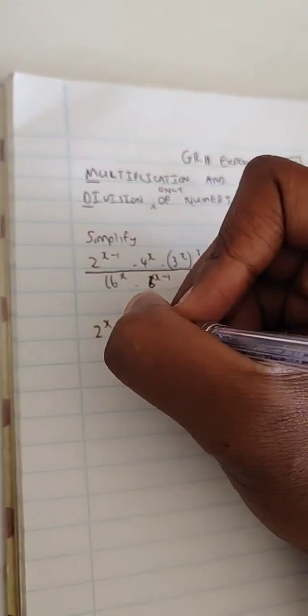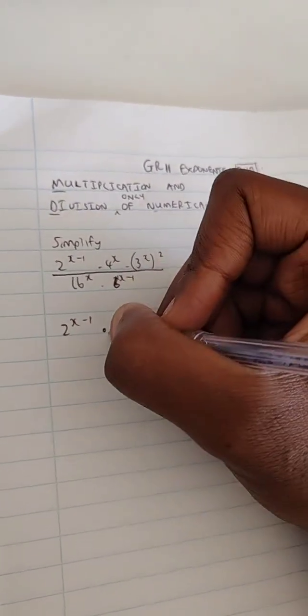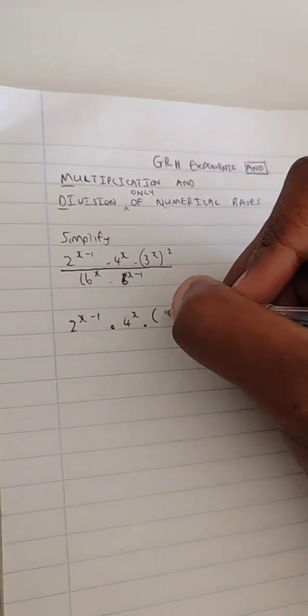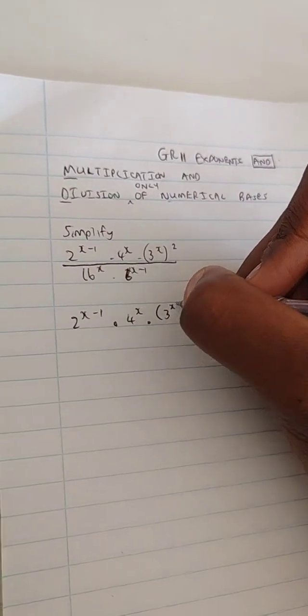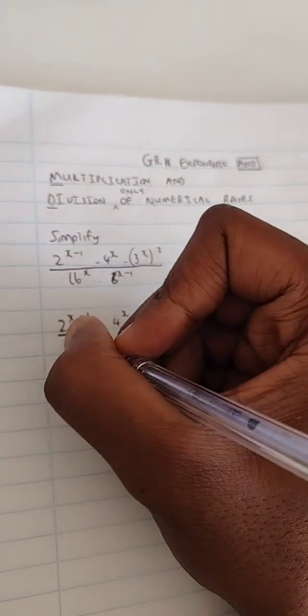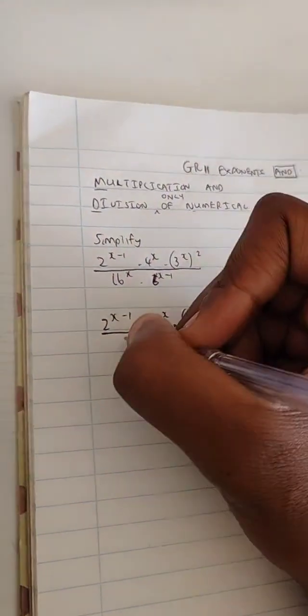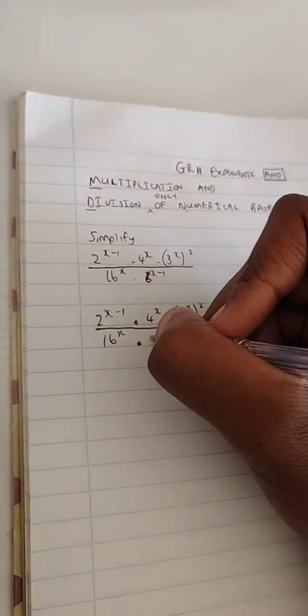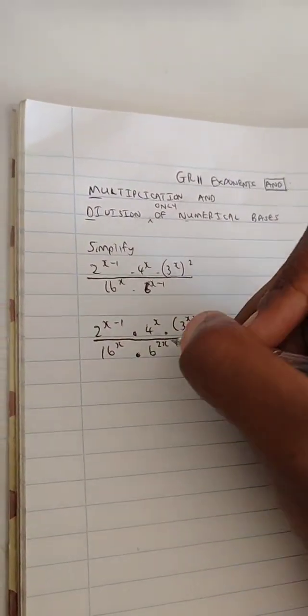It's 2 to the power x minus 1. Dot means multiply. 4 to the power x. Dot brackets 3 to the power x raised to the power 2 over 16 to the power x times 6 to the power 2x minus 1.